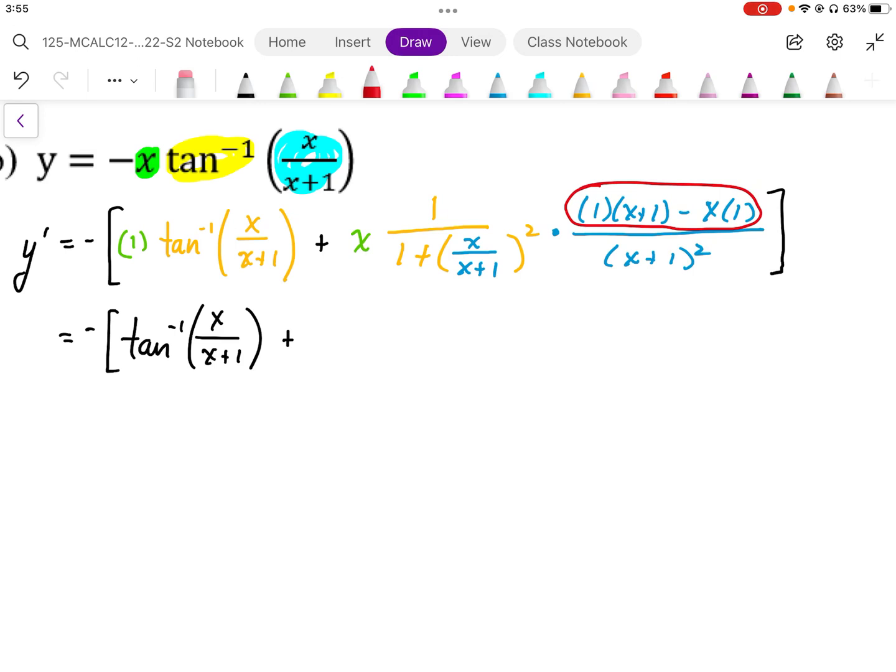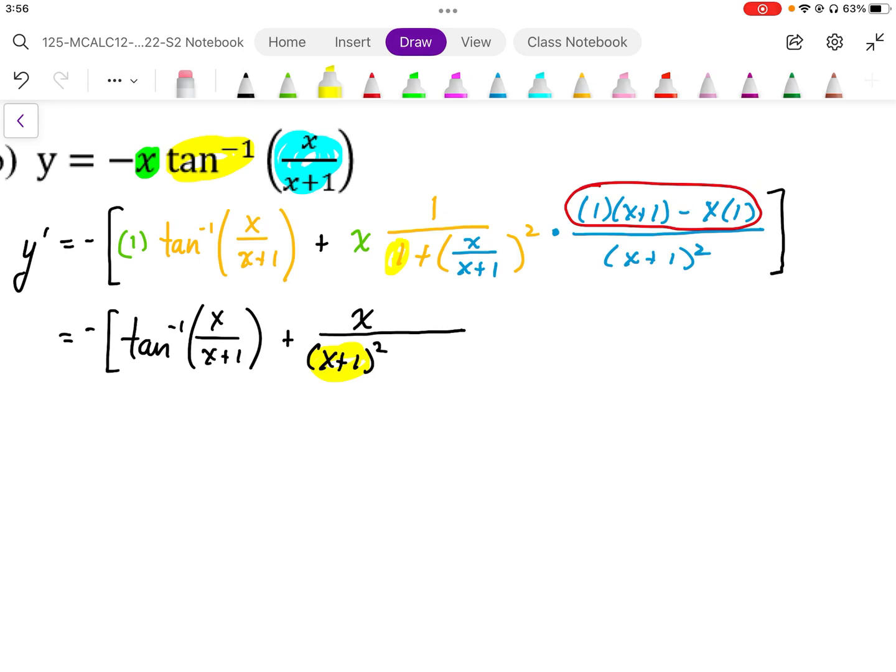So 1 times 1 times x, that's going to give me just x in the numerator of this expression. When I multiply the denominator, I'm going to get 1 times x plus 1 squared. So that 1 times x plus 1 squared is going to give me this. So this is going to be coming from this 1 here.